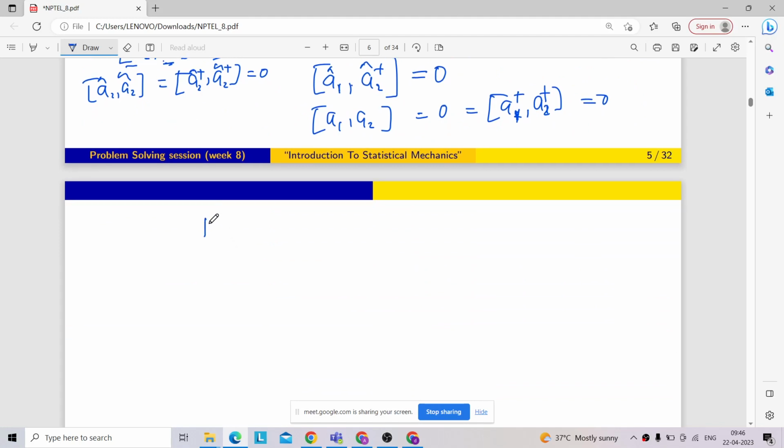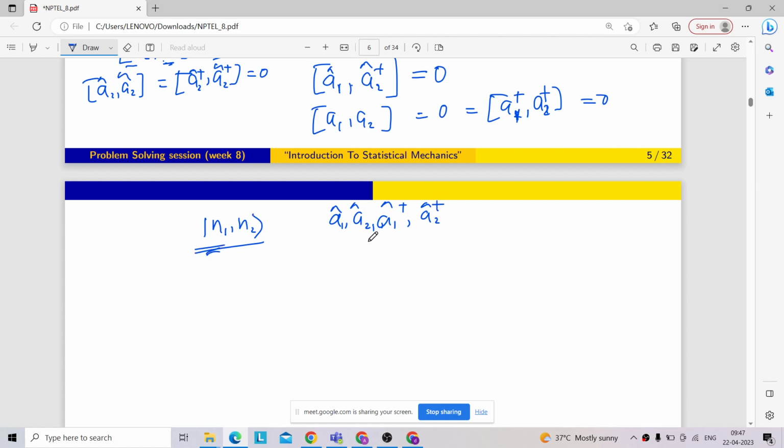So we have this Fock state N1, N2, right? We want to find the action of these operators A1, A2, A1 dagger, A2 dagger on this Fock state.